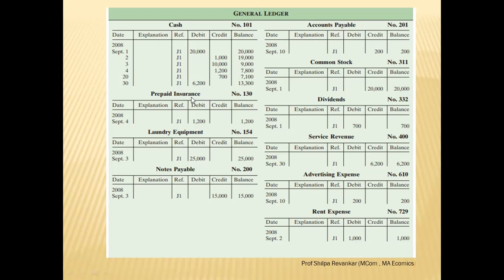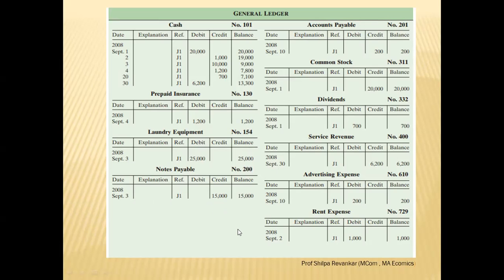Say insurance, only once it was paid. Laundry equipment, once it was purchased. That loan, it was taken, nothing has been paid so far this month. If something had been paid, one more debit or credit would have been there.